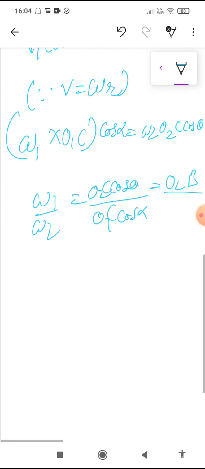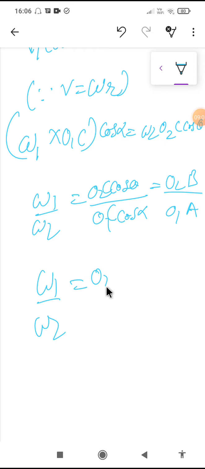So here I can write O1A. So here you got the velocity ratio, that is omega 1 by omega 2 is equal to O2B divided by O1A. Now we have got the equation, omega 1 by omega 2 is equal to O2B divided by O1A.